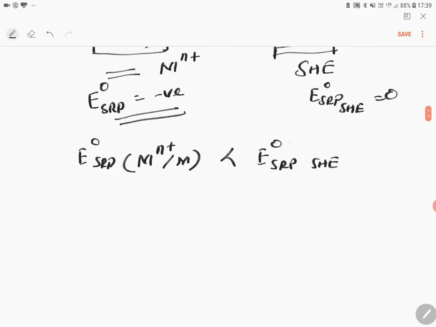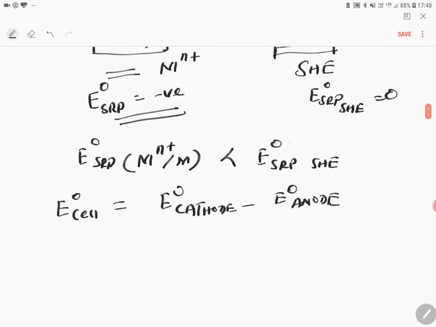Understood? Therefore, E naught cell is equal to E naught cathode minus E naught anode. Understood?